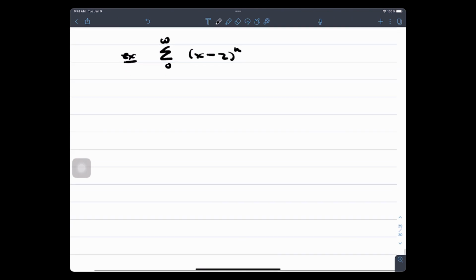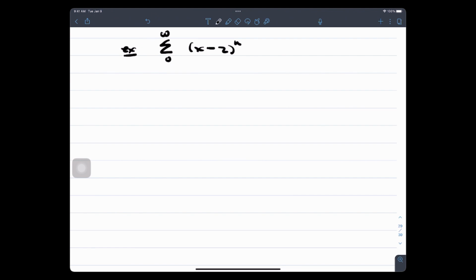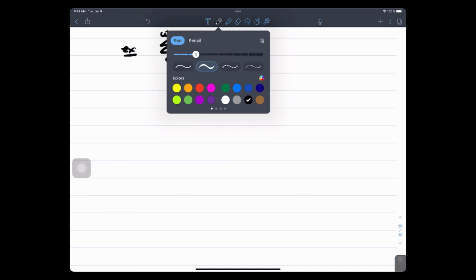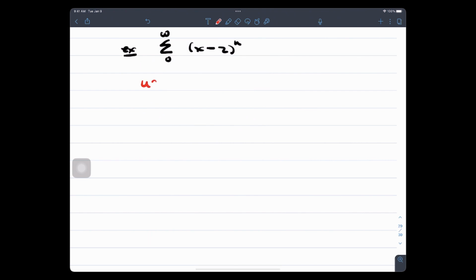We've seen this last time. What do you guys use on this one? You want to recognize what this is. How do you recognize it? Because you did the homework.